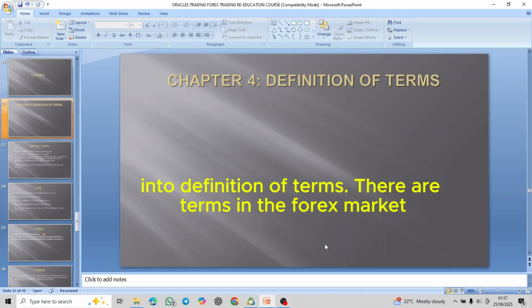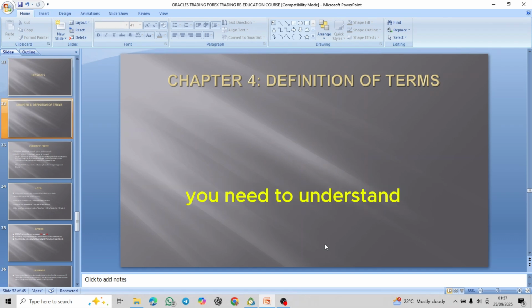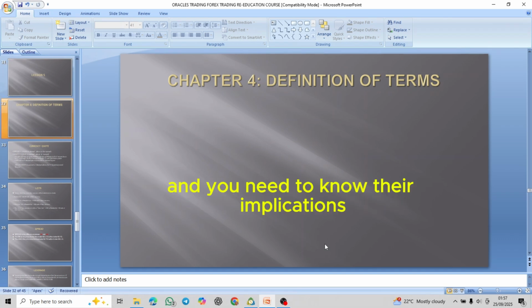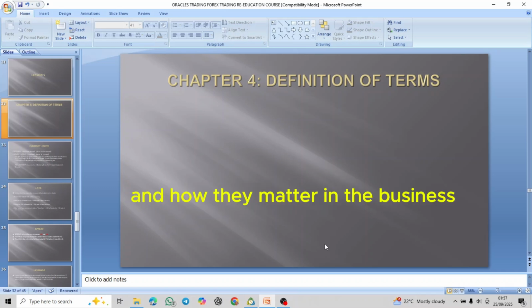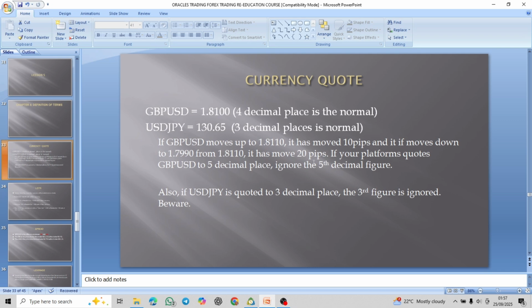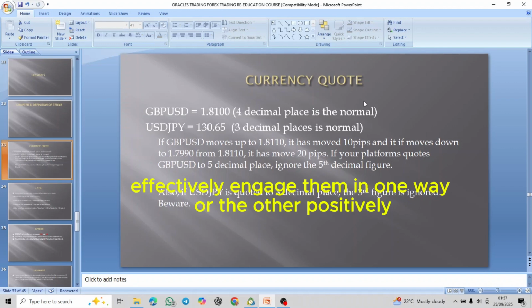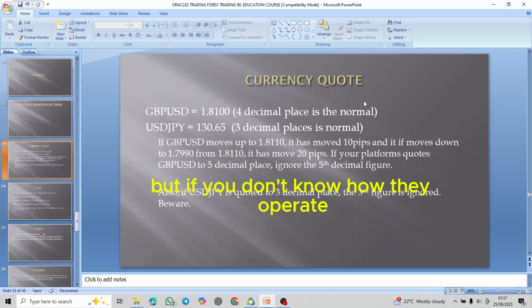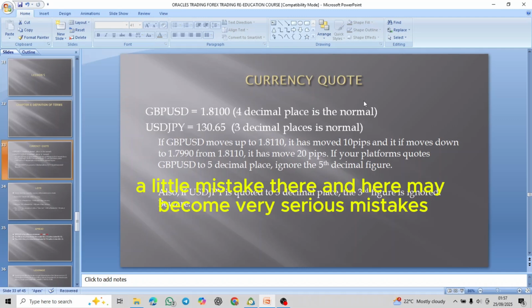There are terms in the Forex market you need to understand, and you need to know their implications and how they matter in the business. Knowing them will help you to effectively engage them in one way or the other positively. But if you don't know how they operate, a little mistakes here and there may become very serious mistakes.